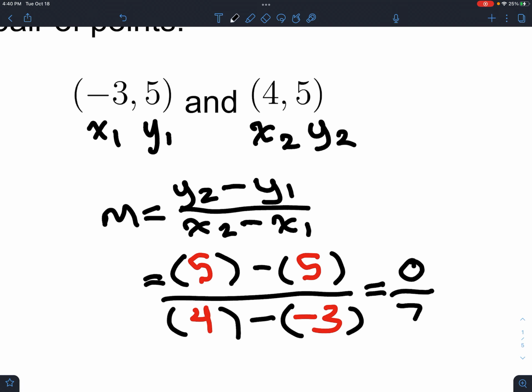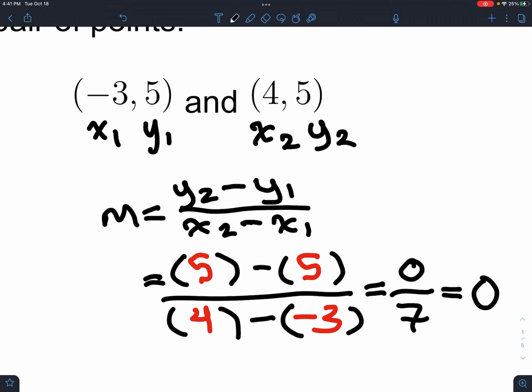It turns out we get 0 over 7. And if I had 0 pieces of candy and I divided it among 7 students, how much candy would each student get? The answer is 0. If I had 0 to give, they're getting nothing. So this division is 0.